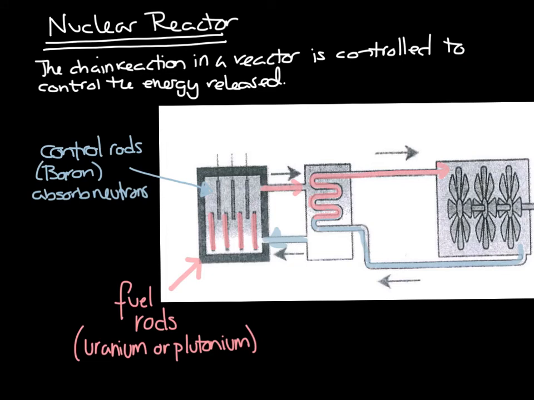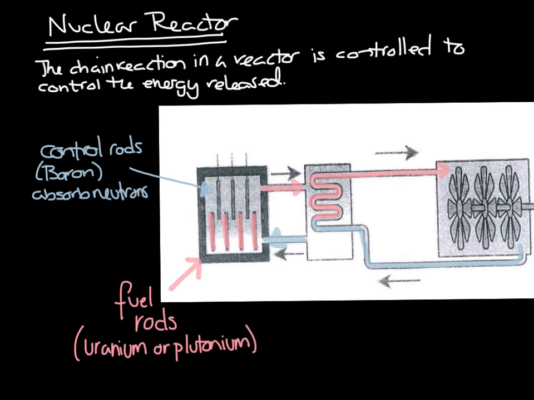So here's a close-up of the nuclear reactor that we saw on the previous page. Now we've got lots of different things here. So what's really important is that we control the chain reaction in a reactor so that we can control the amount of energy being released. Now the fission is taking place in these fuel rods here, and that's where the uranium or the plutonium is. So that's where the fission is taking place.